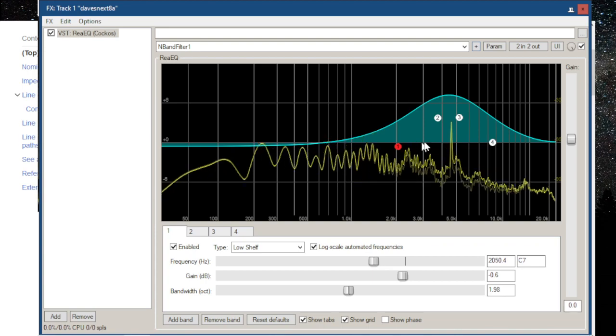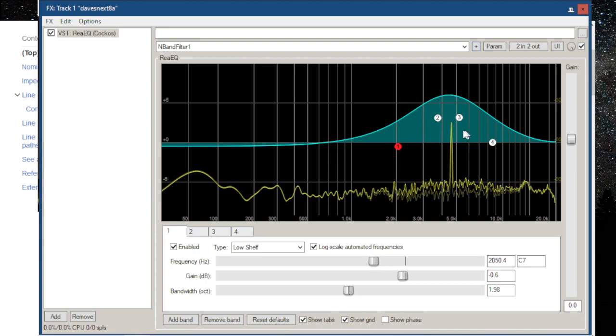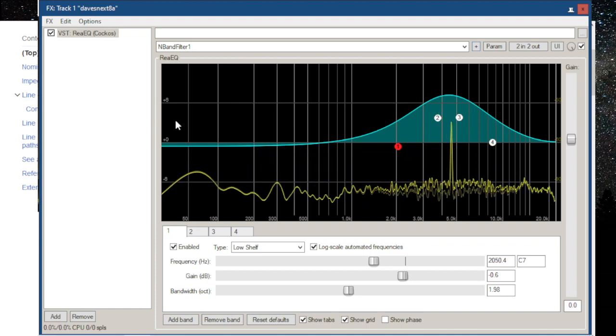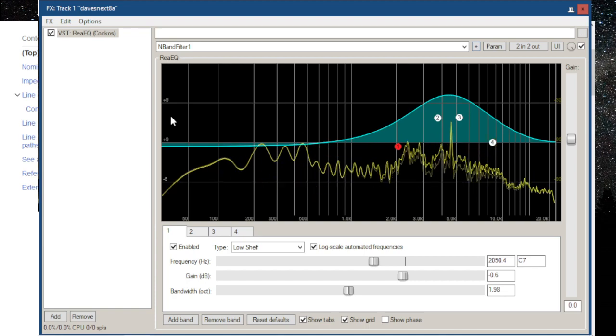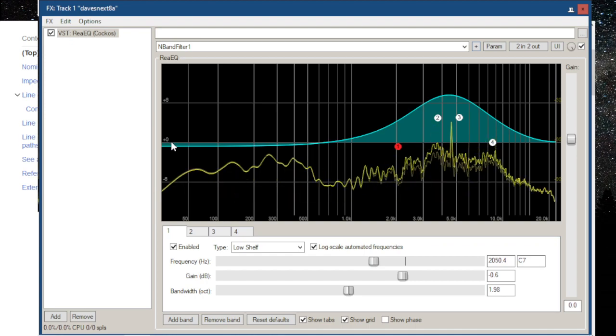I'm not allowed to grab something to measure that with. This is minus 6. It's like 4 dB of gain, which is really low.